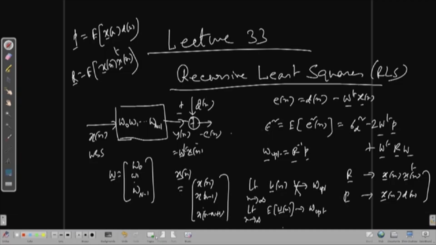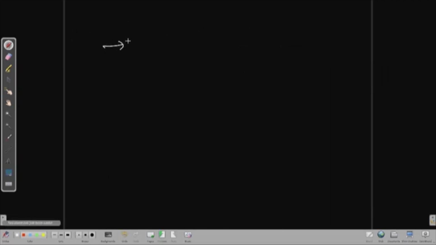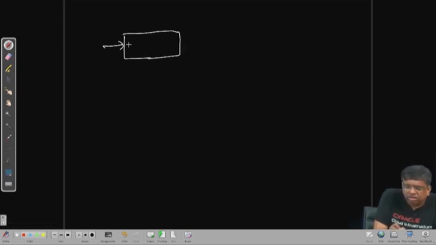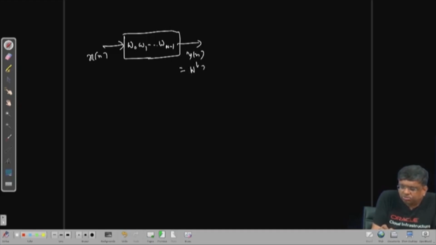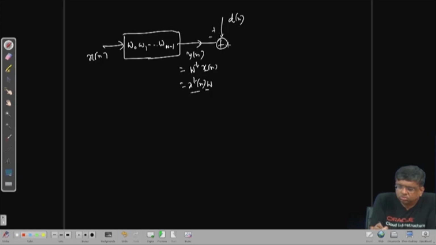That is, in the case of RLS, let me elaborate this further. Suppose we maintain the same weights, x n, y n is W transpose x n, which is also x transpose W. We keep the same weights, but keep sending in new and new input and find out new and new e n.